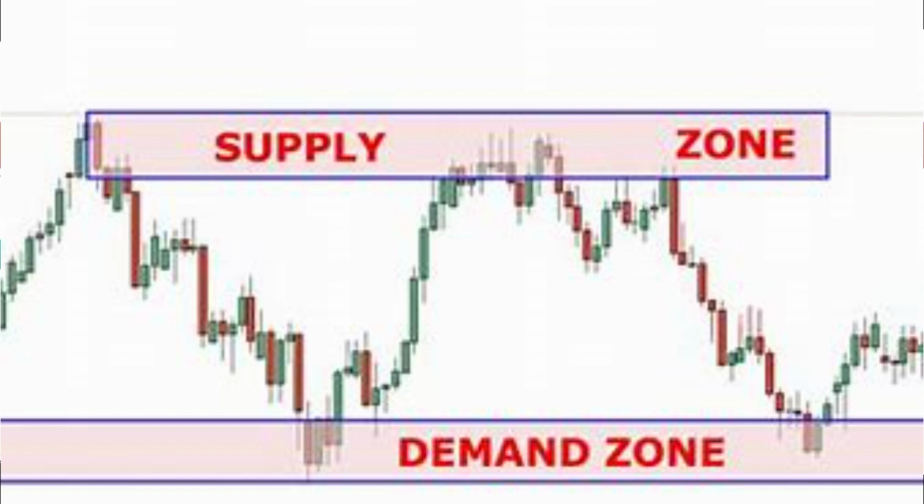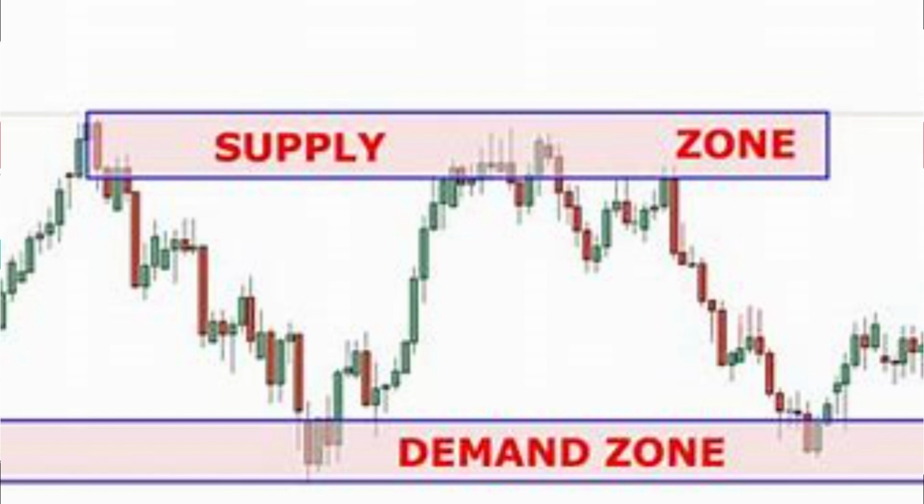But when the supply decreases, then the price will rise. That's how the market goes. So at the support level, we say it's the supply zone. At the resistance level, we say it's a demand zone.